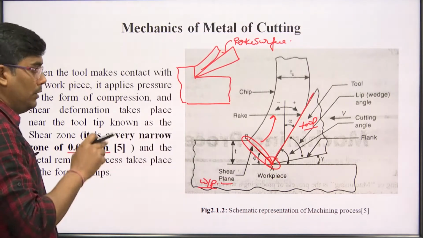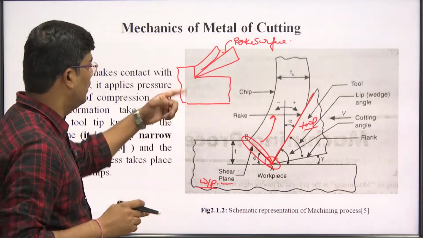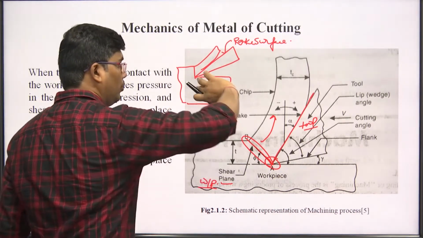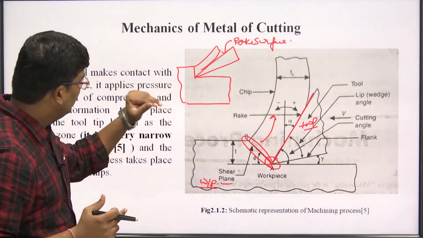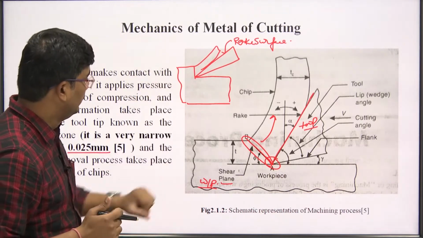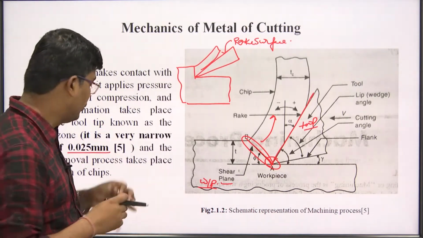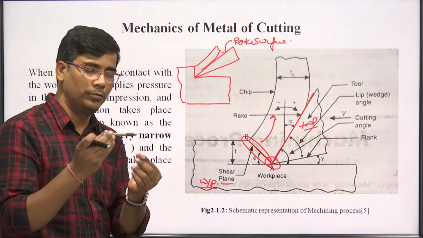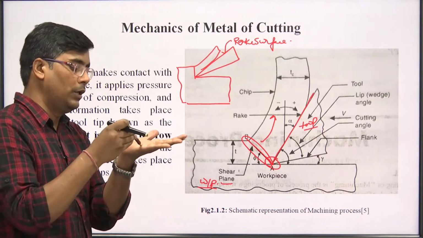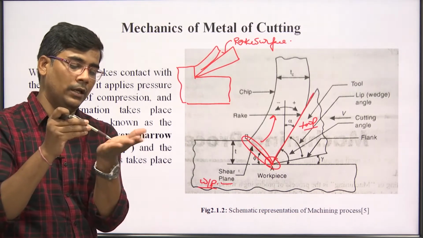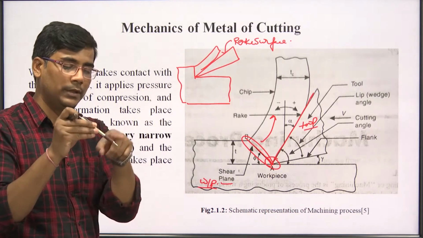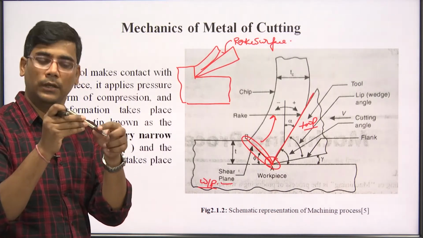The rake surface will change if the cutting edge is changed. अगर हम कटिंग इस सरफेस से न करके इधर से कर रहे हैं तो जो ऑब्वियस सी बात है पोजीशन चेंज हो गई, and that is known as the rake surface at that time. अगर आप कटिंग टूल की पोजीशन को चेंज कर दो, for example let's assume this is a cutting tool, you are machining by this side, the chips move from this side, so it is known as the rake surface.